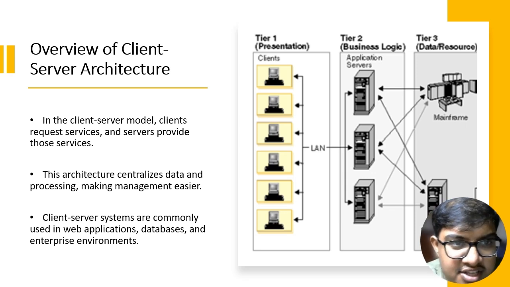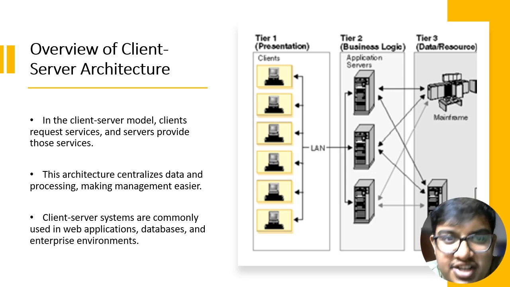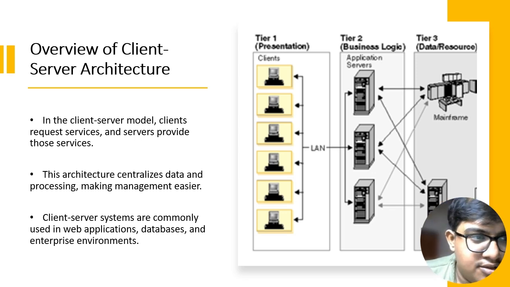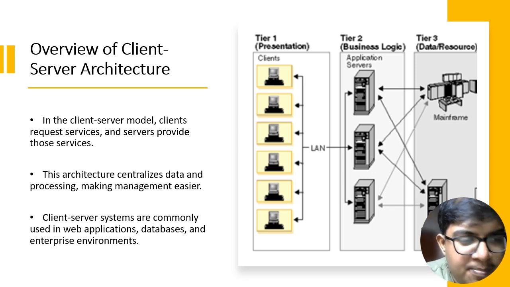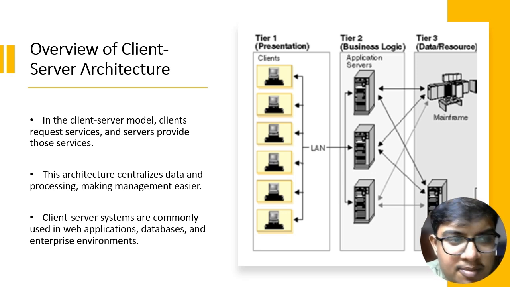Here you can see the image of tier 1, which is usually the clients, tier 2, which is the business logic, basically the application servers, and tier 3 is your data resources, that is mainframe and resource management. These are the resources required for that server to function and reply to the clients. As you can see here in the PPT, in the client-server model, clients request services and the servers provide those services.